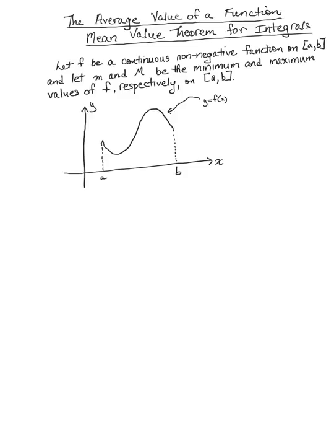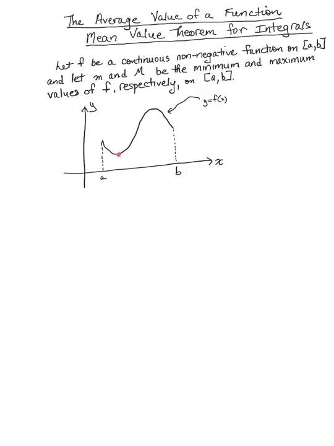And recall that when a function's continuous on a closed interval, it's guaranteed to have an absolute minimum and an absolute maximum y value. So we call the absolute minimum y value little m, and on my graph, it looks like it's around here. That looks like the minimum.